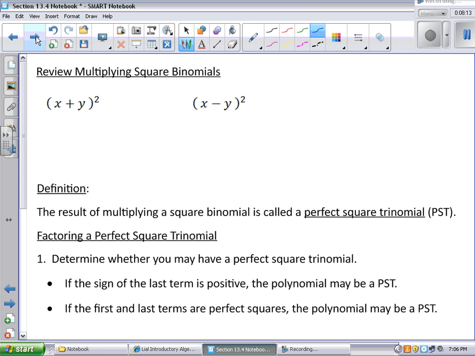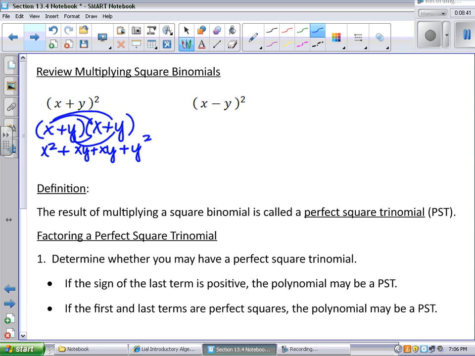We're going to talk about multiplying square binomials as well. Remember, when you have something inside parentheses and you're squaring it, you have to write it down twice if you have a plus or a minus in your parentheses. And if we multiply this out, we will get x squared plus xy plus xy plus y squared.